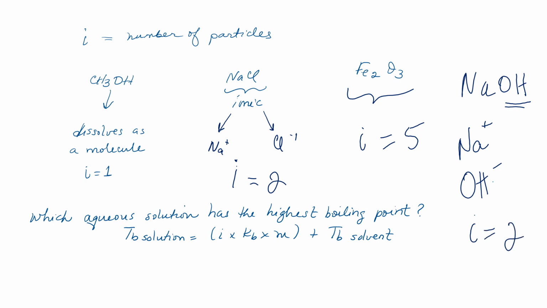You have just 2 particles for every formula unit, the sodium and the hydroxide. Okay? So it's very important that you review those polyatomic ions. So if you have sulfate, SO4 with a charge of -2, you're not breaking apart the S and the oxygens. They're bonded together by covalent bonds. They will remain as a whole unit in solution.